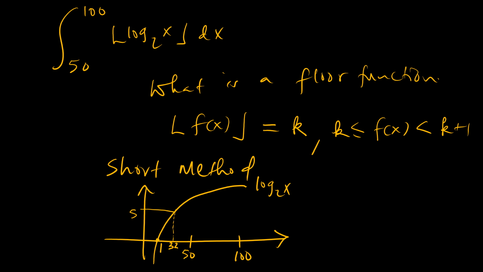And then it continues being 5, the floor function, in other words, until 64. That's when it crosses to a value of 6. So this is 6. And it continues being 6, now let me use dotted lines here, 6 all the way up to 100 and beyond.